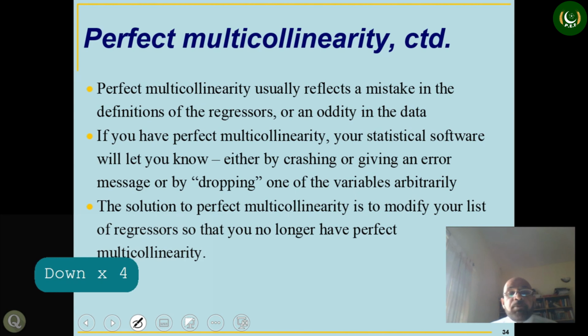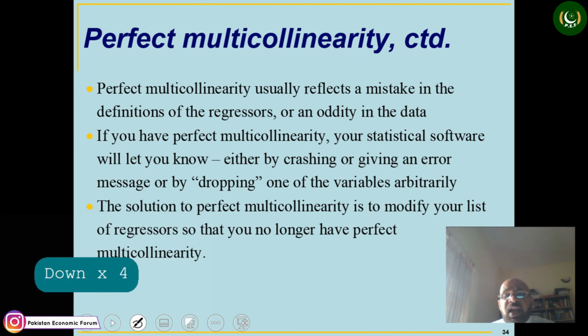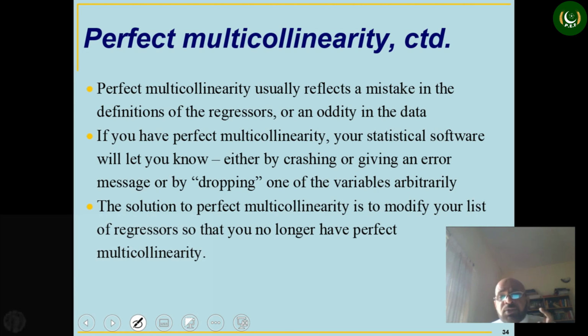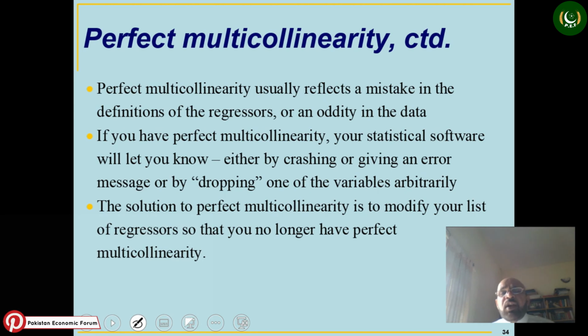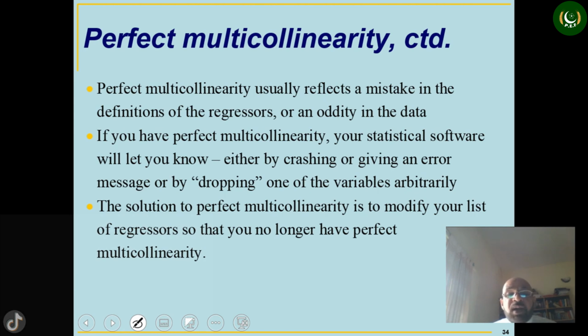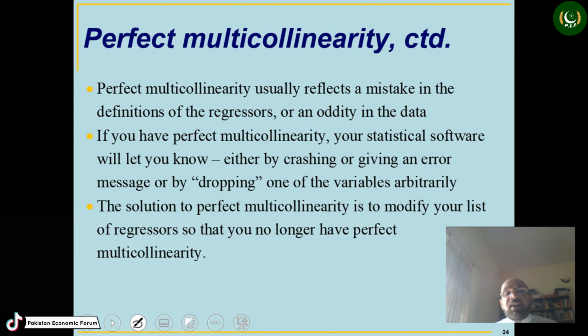Perfect multicollinearity, as I mentioned, is usually a mistake in your data. When you have very high multicollinearity, as in lag variables, or if you have a close substitute, mango variety prices, orange variety prices, then you can drop one variable, and it's up to you which variable you consider can be dropped, because it will not make much difference. Why is multicollinearity an issue?